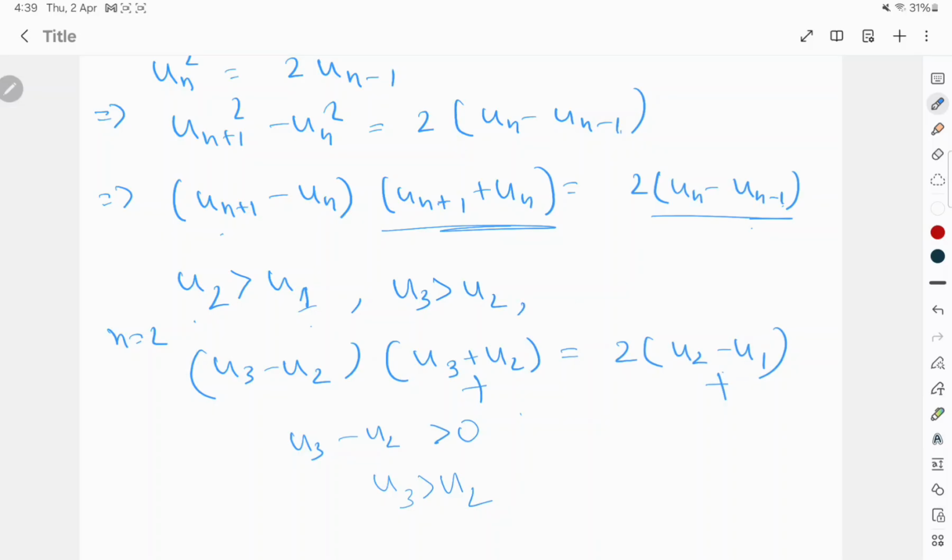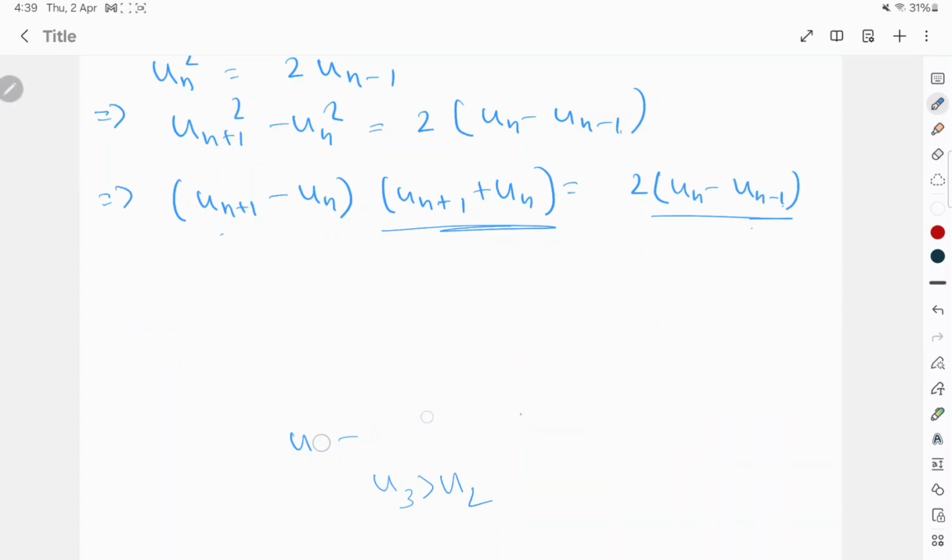Similarly, put n equal to 3, so you will get u4 greater than u3. In this way you get an increasing sequence, a strictly increasing sequence. I think this is clear. This type of thing you don't have to write in your paper.